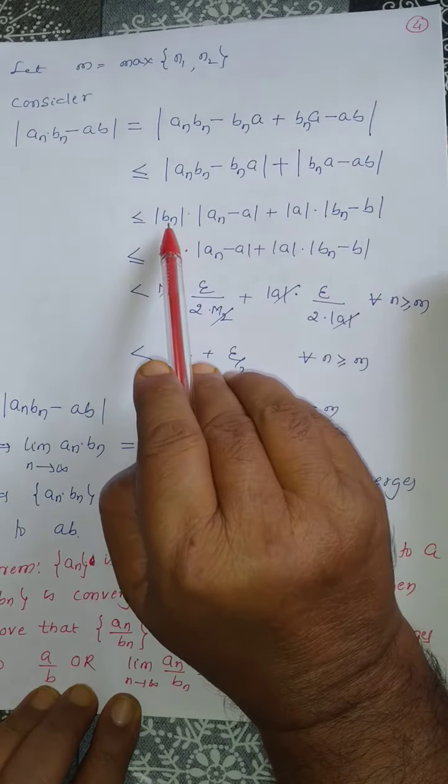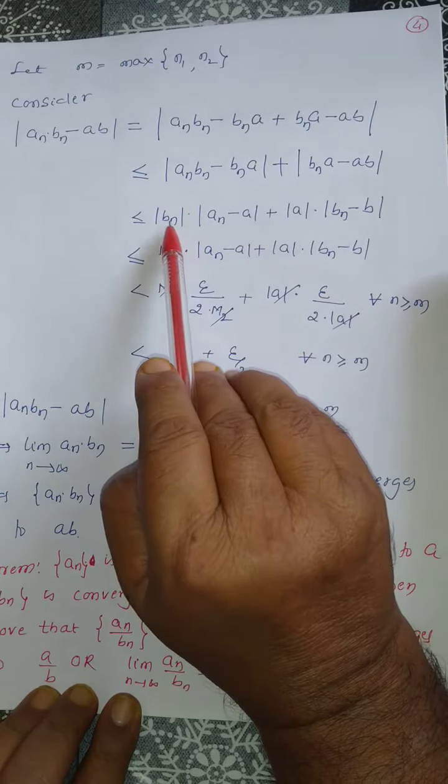In that case a_n will be common. If you take a_n, m1 will come here. m1 is the term here. Then you have to select that a_n minus a, so b_n minus b you are getting here. b_n minus b you are getting, that is epsilon by 2 m1 you have to select. So here mod b will come and a_n minus a will come there.